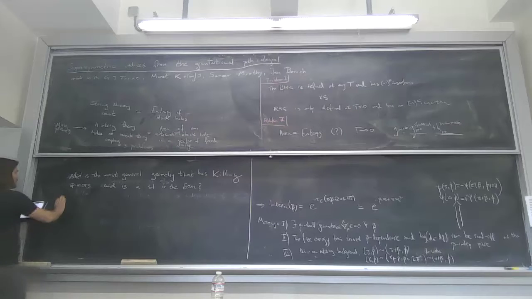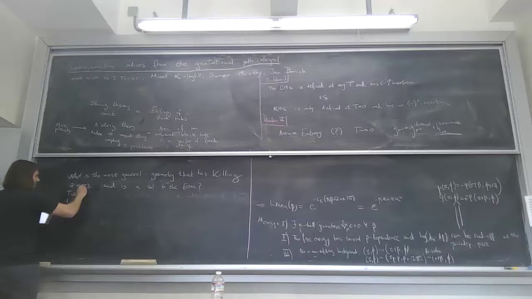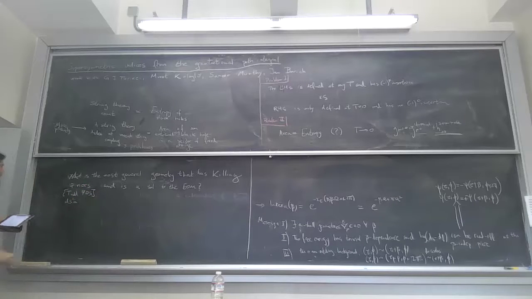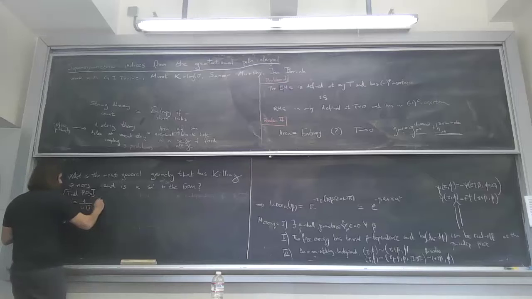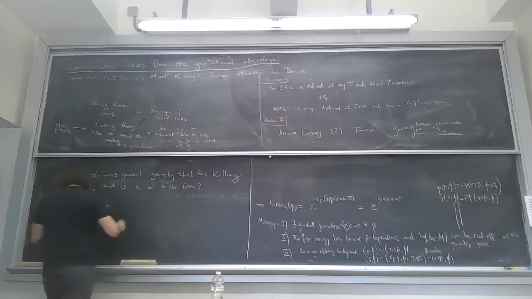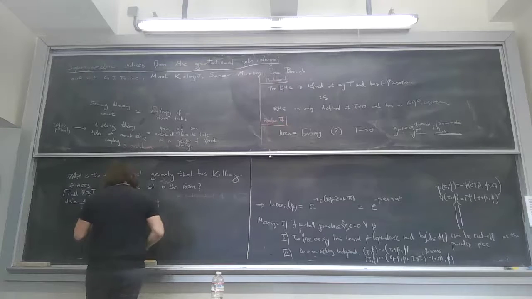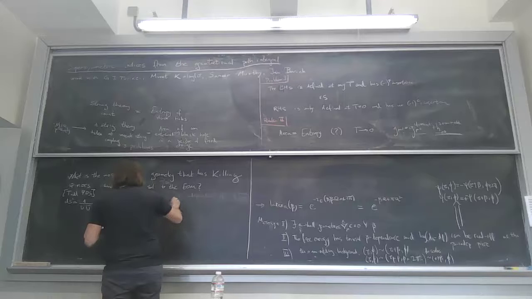So the most general solution that asymptotes to flat space that has a Killing spinor takes the following form. This is a result found by Tod in the 70s. The metric takes this form: 1 over u ũ (dτ + ω_i dx^i)² + u ũ dx².